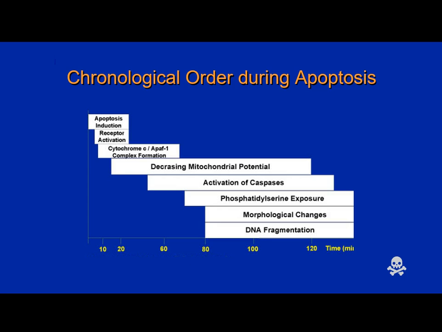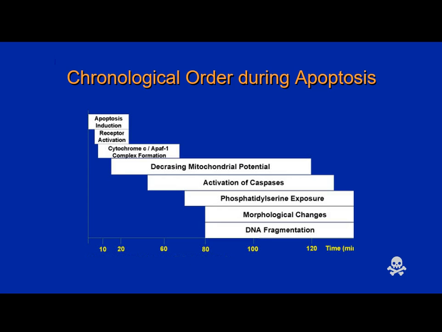You will expect DNA fragmentation to happen 80 minutes after apoptosis is induced. We'll talk about the extrinsic method to induce apoptosis. That will be time 0. Once you induce apoptosis, you have to wait for 80 minutes in order to see DNA fragmentation.